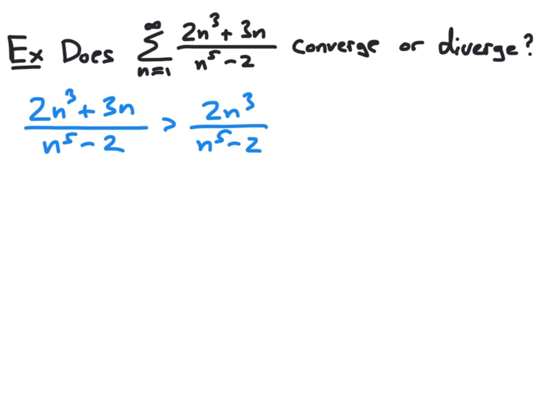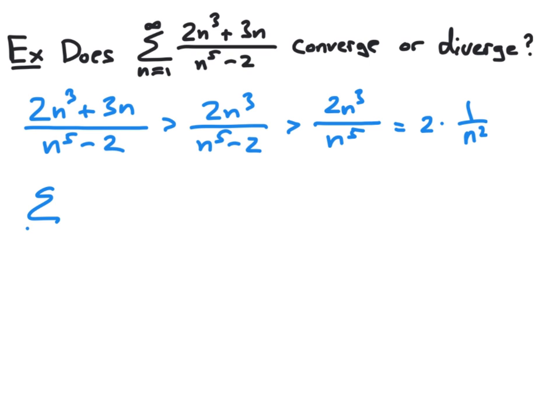And now focusing on the denominator, something with a denominator of n to the fifth minus 2 will be greater than something with the denominator n to the fifth, since n to the fifth minus 2 is smaller than n to the fifth. And so our given series term is greater than 2n cubed over n to the fifth, which we can write as 2 times 1 over n squared.